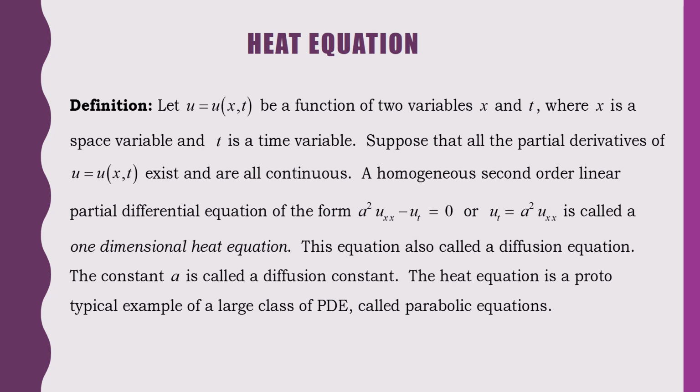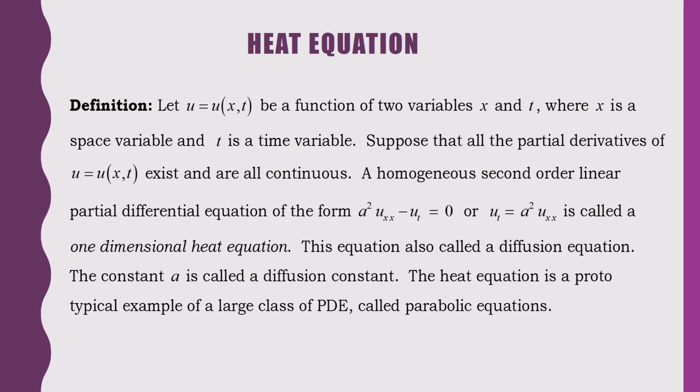It is also called a diffusion equation. The constant a square is called a diffusion constant. a square reminds us the need of a positive constant in this equation u_t equals a square u_xx.